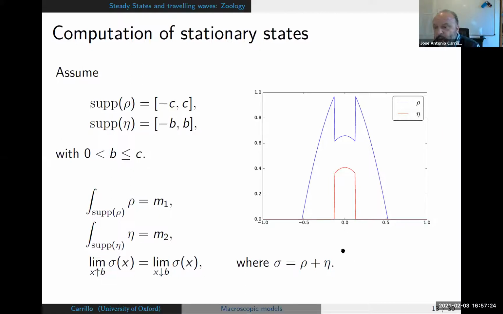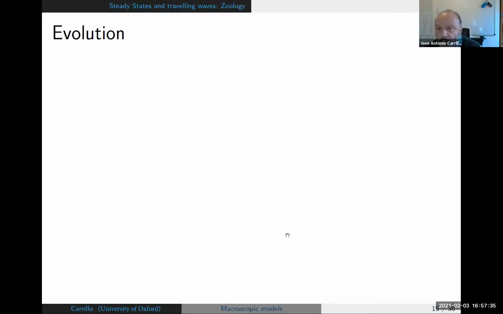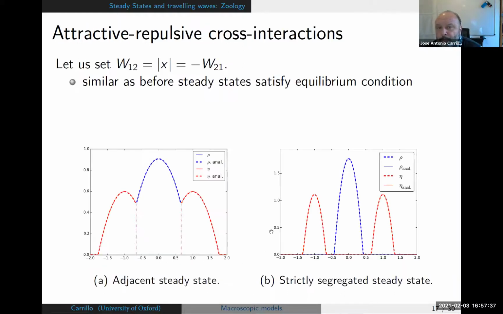Then you can compute all the constants and find it explicitly and see that you have a unique solution for all the constants that are involved. Okay. So that's the evolution I was showing you before.